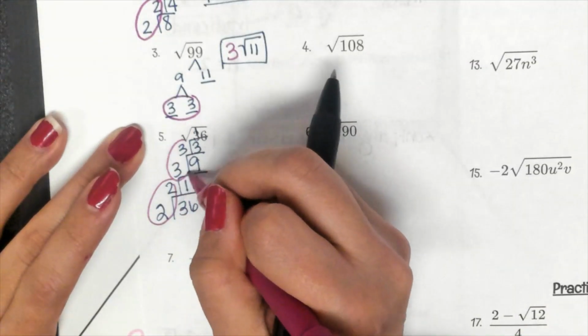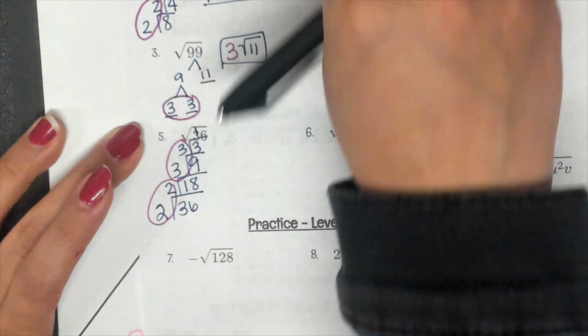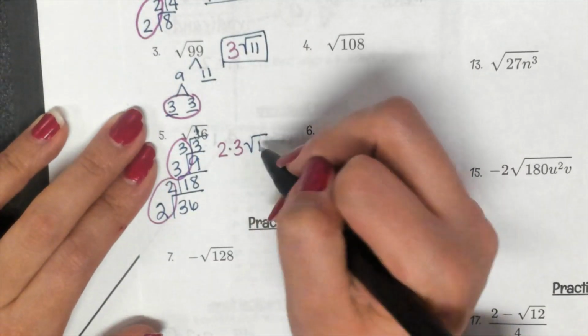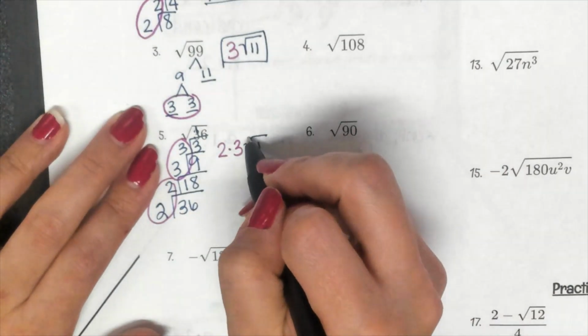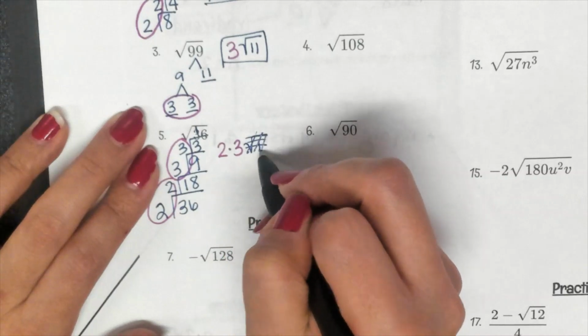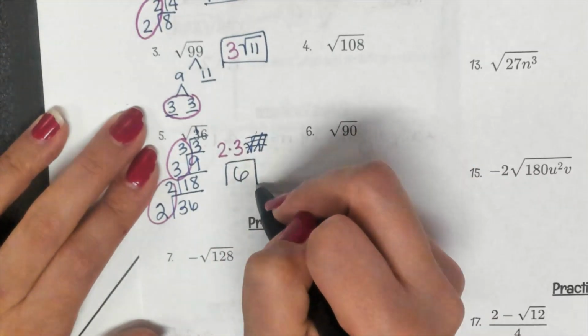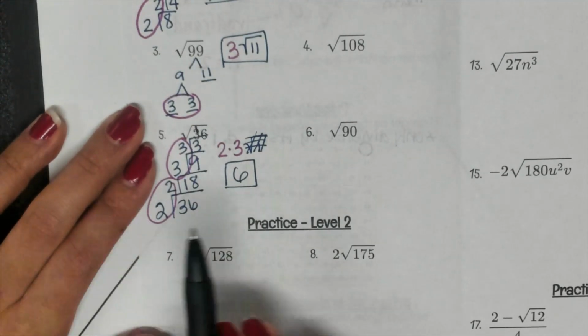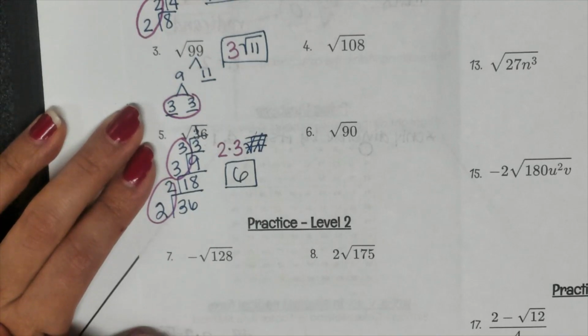Buddies, buddies, a buddy of 2's, a buddy of 3's, and then all that's left on the inside is 1. Well, this is kind of insignificant. Square root of 1 is 1, so 2 times 3 is 6. Meaning, doing this was unnecessary because you should know what the square root of 36 is, and you should know it is 6.